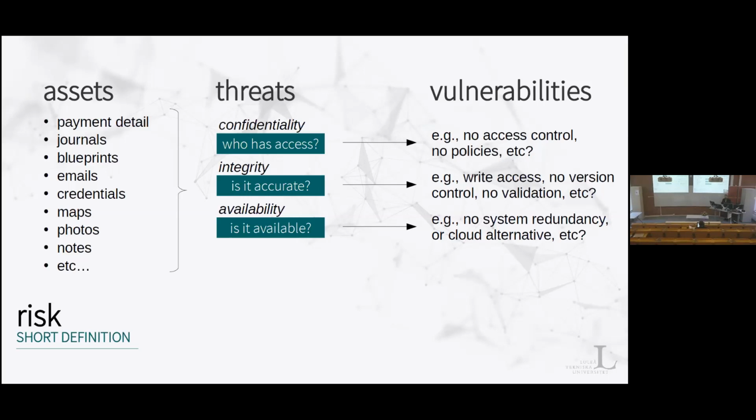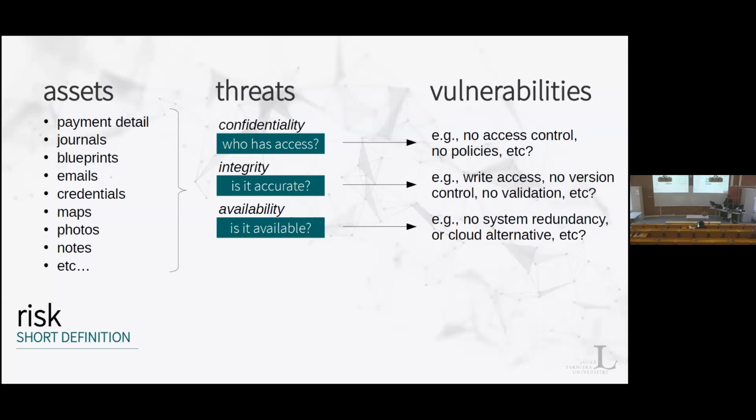Can any curious employee just have a look at all the payment details? Well, if we have no access control, no passwords, for example, or no policies that forbid them from snooping around in this information, then yeah, we are vulnerable to that type of threat, and that would pose a risk. So in this particular case, the threat would be the curious employee, and the vulnerability would be not having a password or policy.